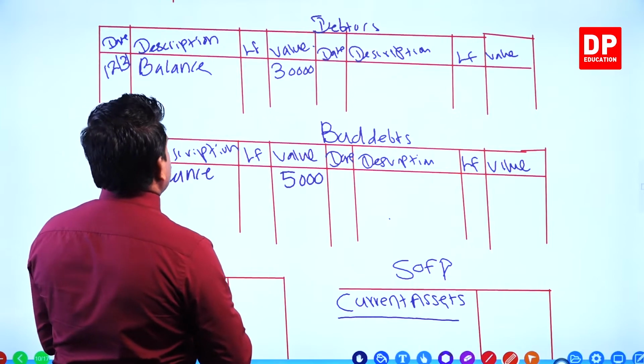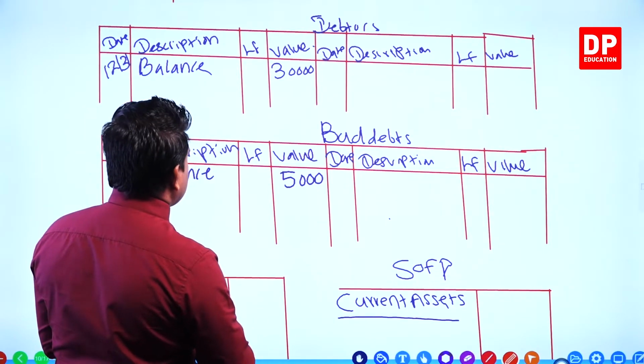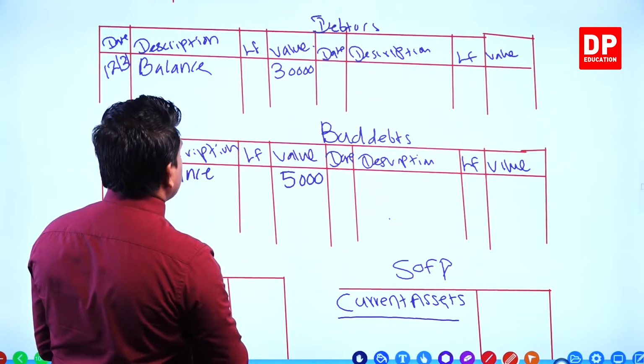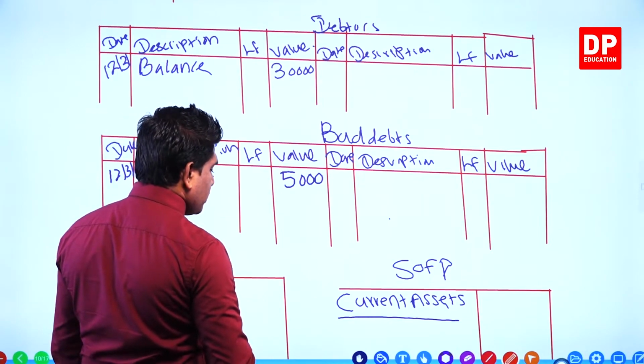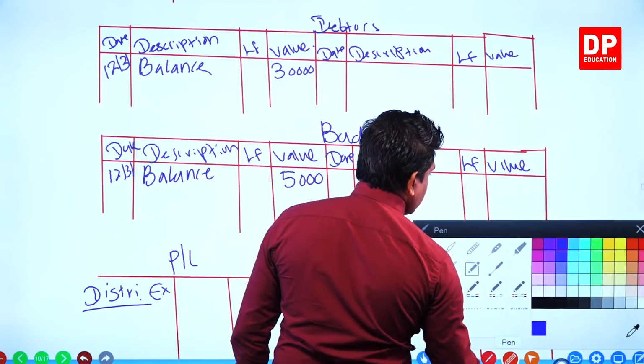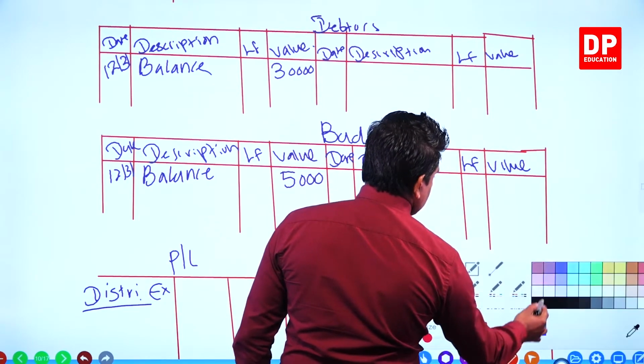Now 30,000. They say again you remove 10% of the debtors as bad debts. 10% of 30,000, how much? 3,000. Now how do you record? Debtors account credit. If you want, I can change the color, I use another color so it's easy to see.